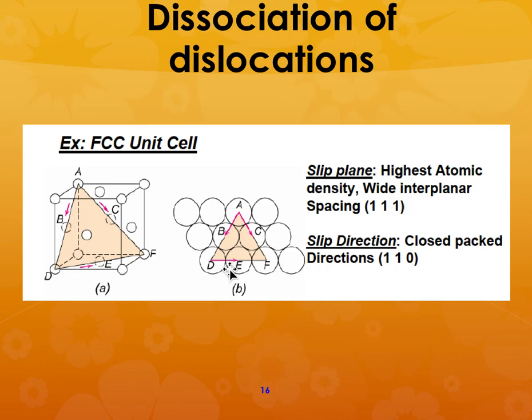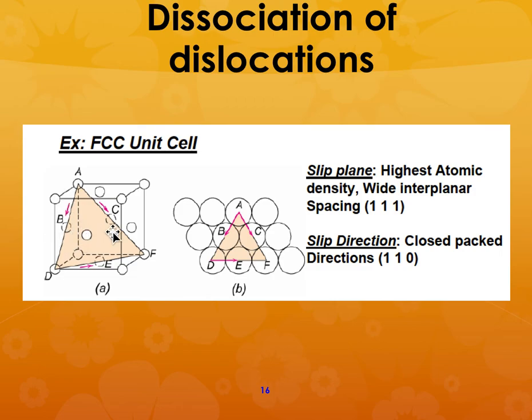So this is the atomic plane which has the highest atomic density, and it has the widest interplanar spacing. So this particular plane has the maximum distance to the next highest atomic density plane. So this plane of atoms is easiest to move, whereas this one will not be easy for you to move.